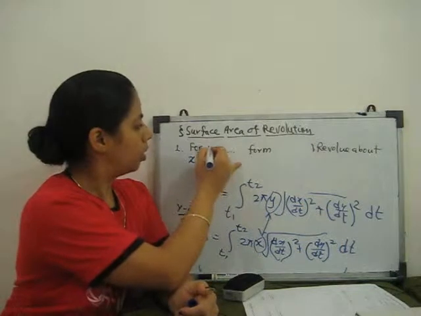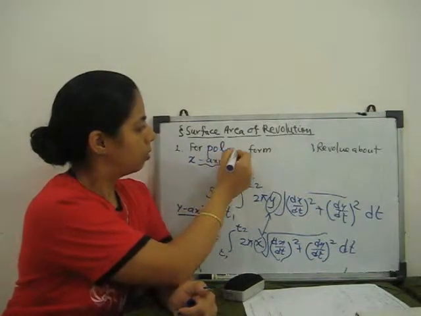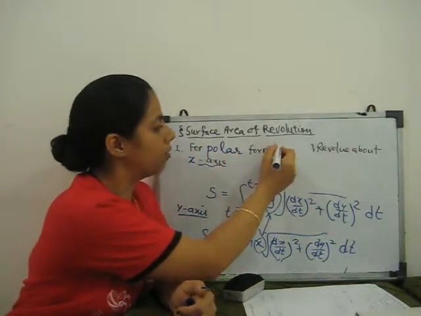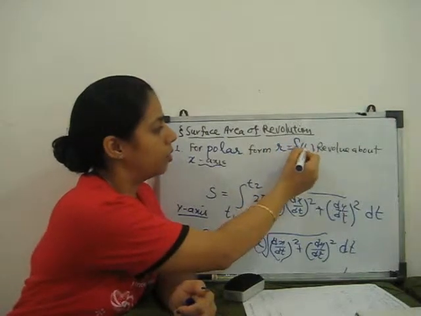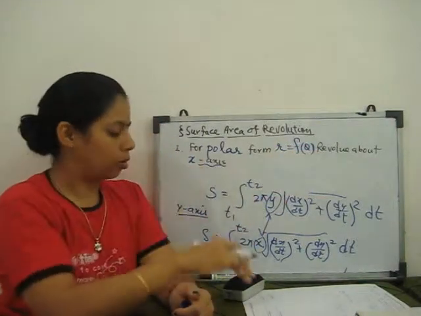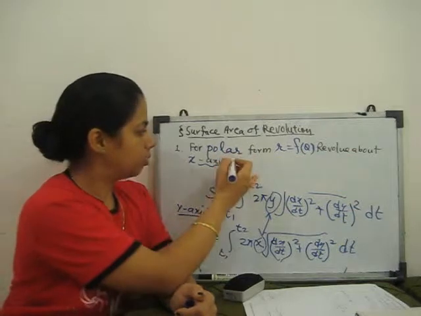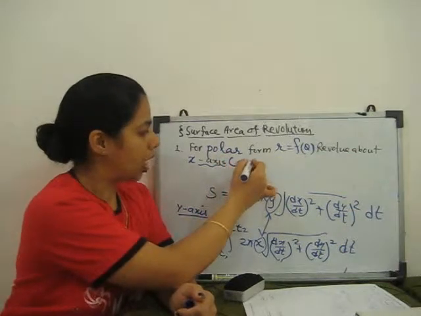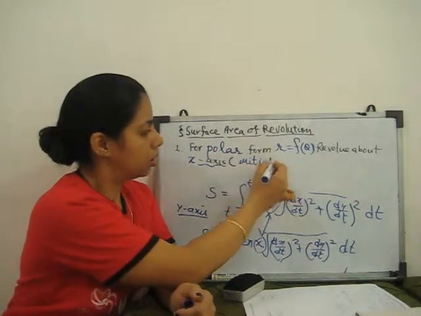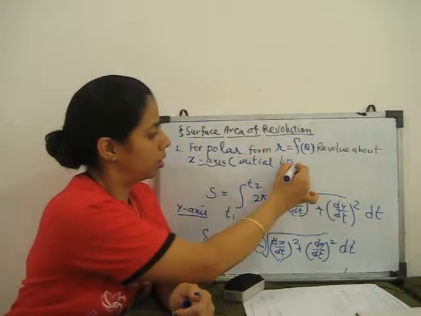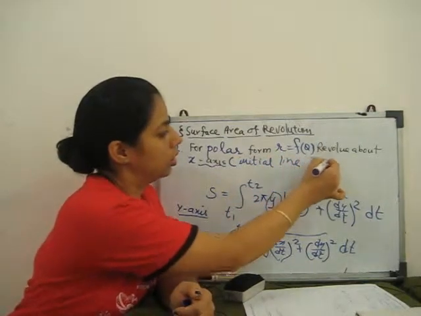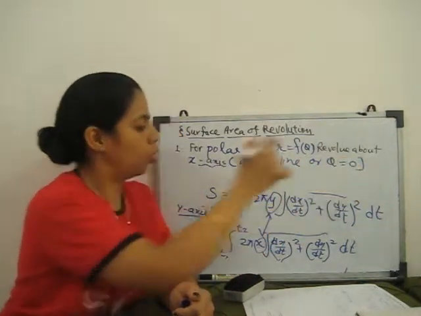For polar form, when the curve is r is equal to f(theta) and it revolves about the x-axis, meaning the initial line, or theta is equal to 0.